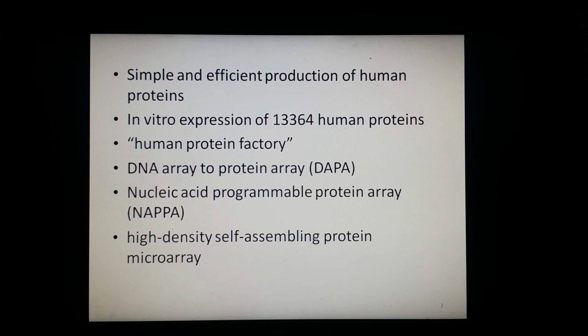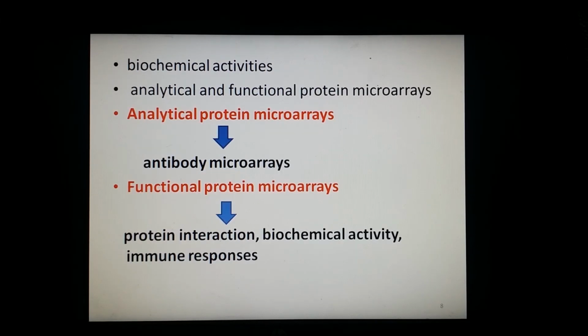The advantage of protein based microarrays is that they allow the global observation of biochemical activities on an unprecedented scale, where hundreds or thousands of proteins can be simultaneously screened for protein-protein, protein-nucleic acid, or protein-small molecule interactions, as well as post-translational modifications. Currently, two classes of protein microarrays are available: analytical and functional protein microarrays.